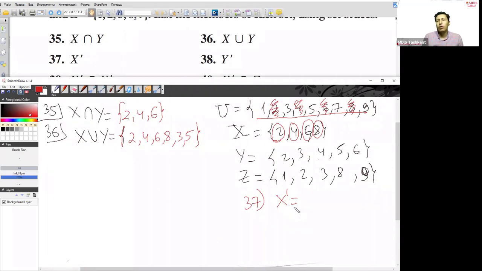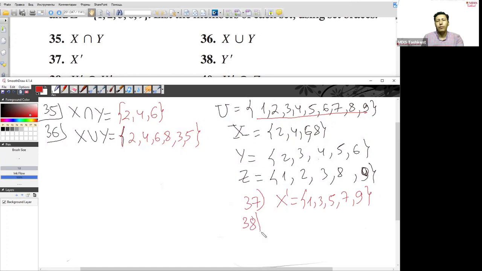That gives you complement of x. Understand? From u, always from u, you take out elements of x. So we delete 2, 4, 6, and 8. So what's left? 1, 3, 5, 7, 9 left.